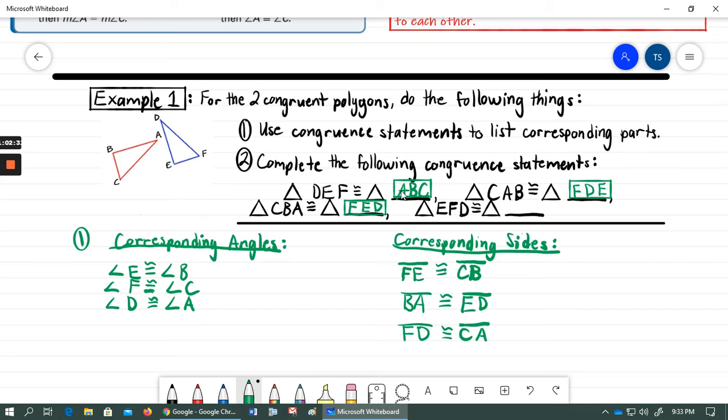And then this last congruent statement here, triangle EFD, is congruent to triangle what? The part that goes with E is B, the part that goes with F is C, and the part that goes with D is A. So triangle EFD is congruent to triangle BCA. Okay, all right.